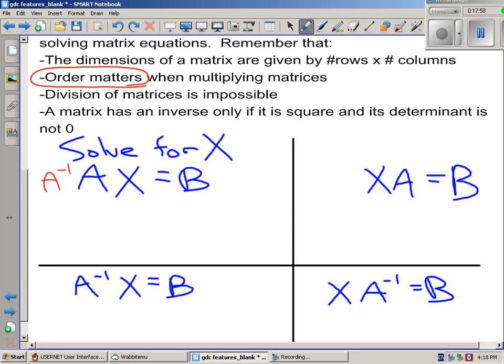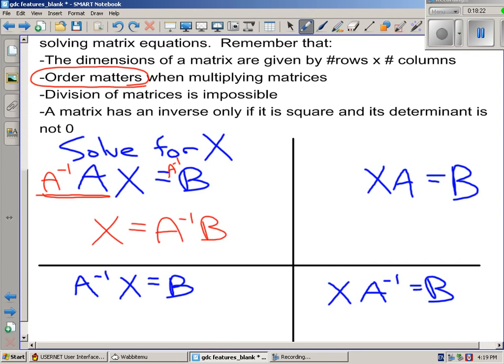Since I multiplied in front on the left side, I need to do the same on the other side. And these two things will just give us the identity matrix, so essentially we'll be left with X on this side. And on the other side, we'd have A inverse times B, assuming that that's possible. So the A and the A inverse need to go right next to each other.